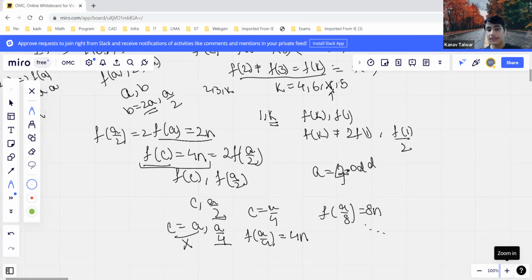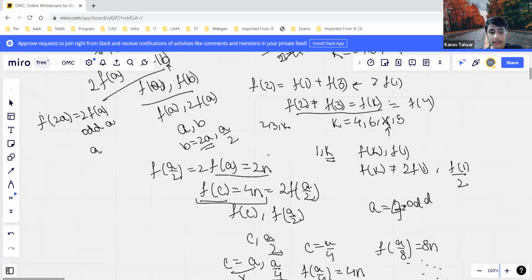And if A were 4 times an odd number, we will stop at 4n and so on. So this process can't go on indefinitely, right? Is this part clear? Yes. Is this part clear to everybody? Okay, sure.